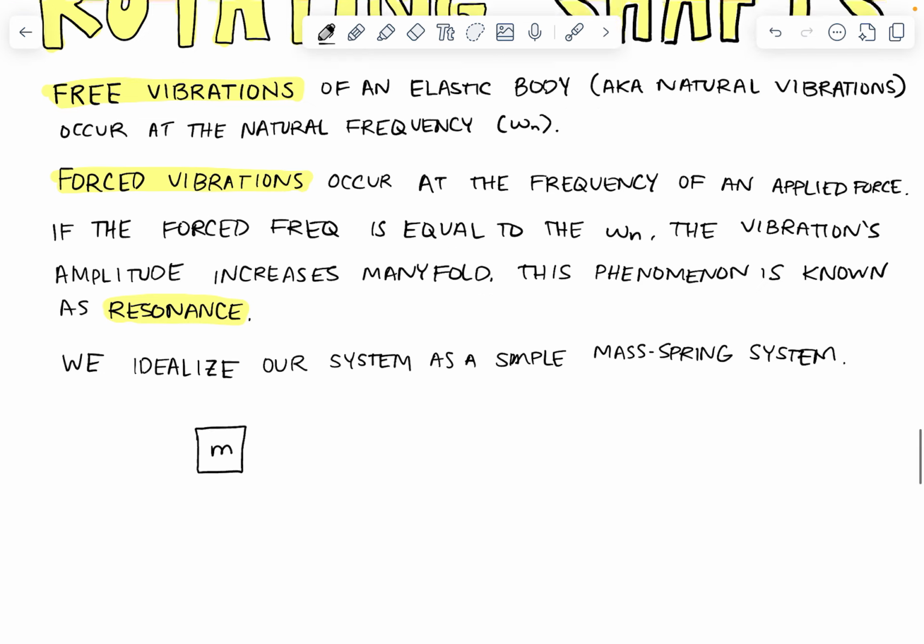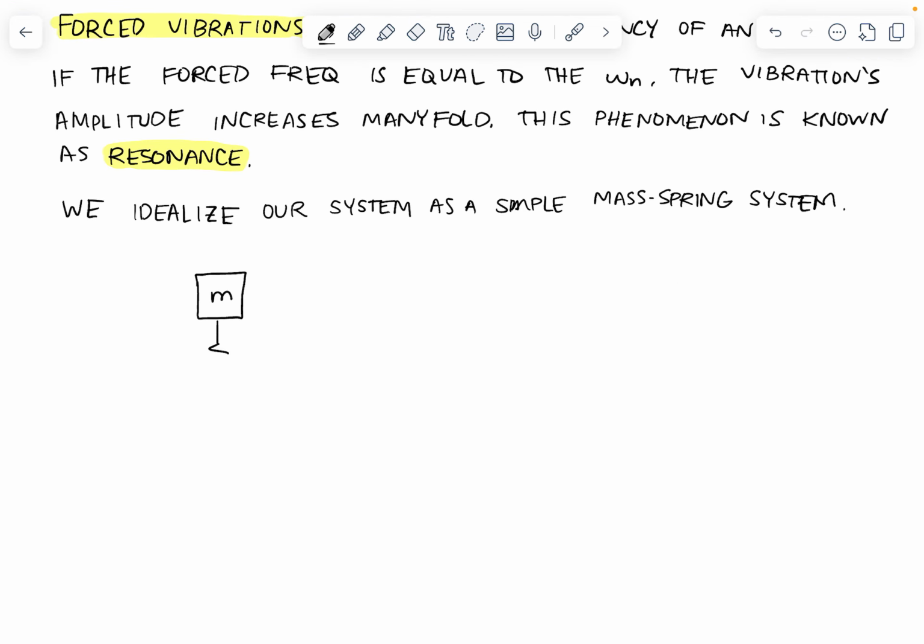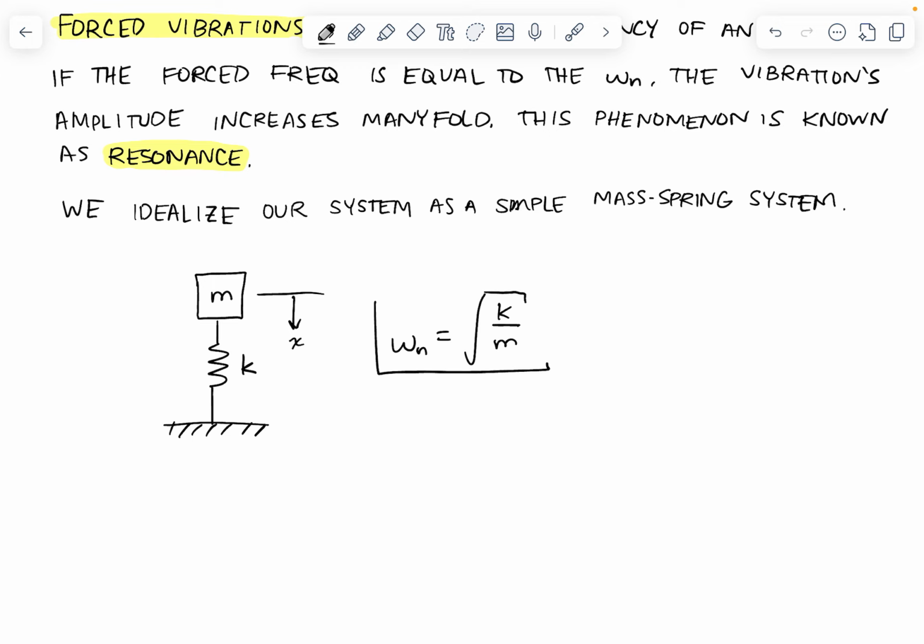We've got a mass sitting on top of a spring, which is attached to the ground. And this mass is going to move back and forth with some deflection we call x. The natural frequency of this system is the square root of k over m, so the square root of that spring stiffness divided by the mass.